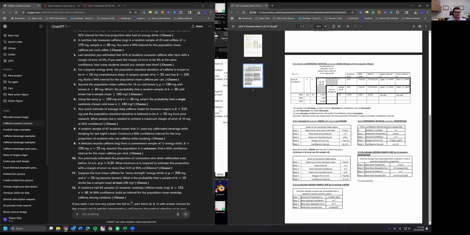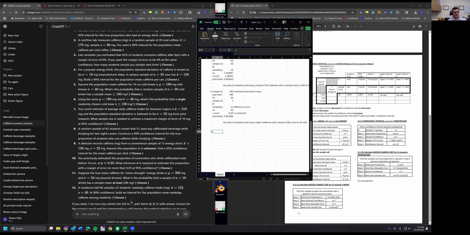Okay, and so I'm going to click on this, 7. So standard deviation or population standard deviation, it's going to ask for z-score, max allowable error, and sample size. So first of all, the standard deviation for number seven gives me 55.